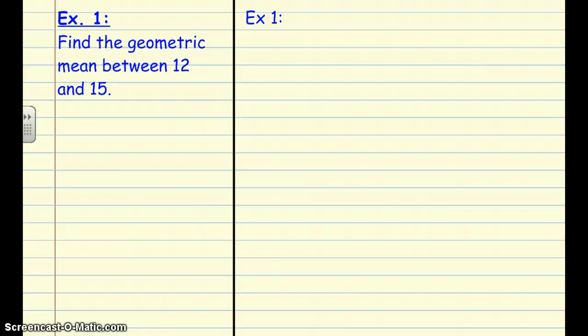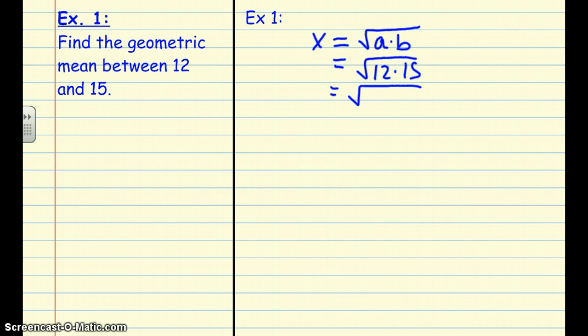The first thing that we're going to do is find the geometric mean between 12 and 15. As the definition says, the value of x, or the geometric mean, is equal to the square root of the product of two numbers. So I'm just going to substitute my 12 and 15 in, and I multiply them to get 180.